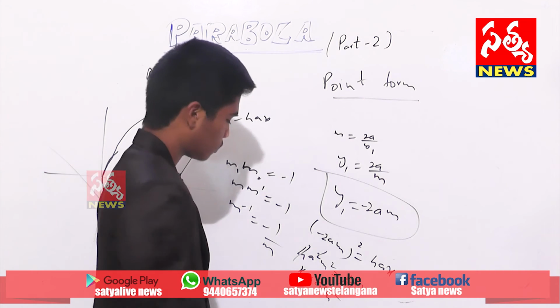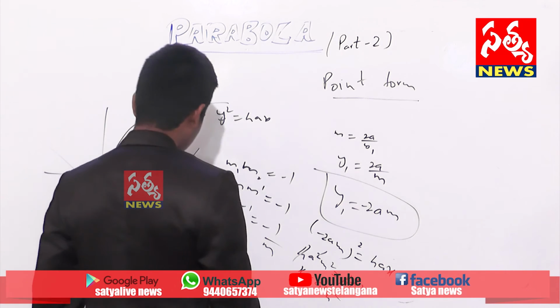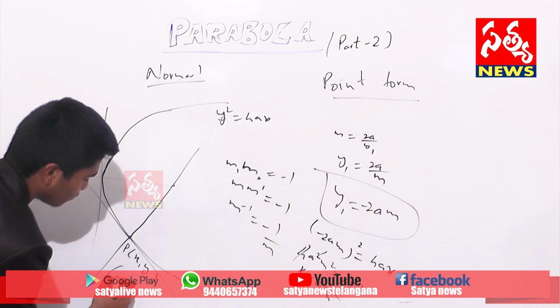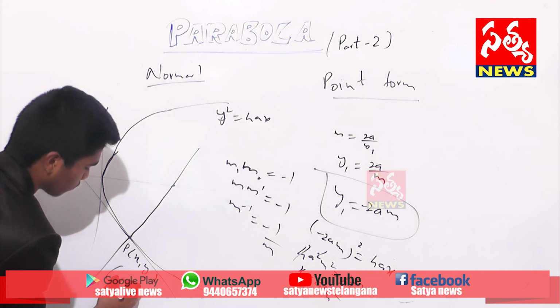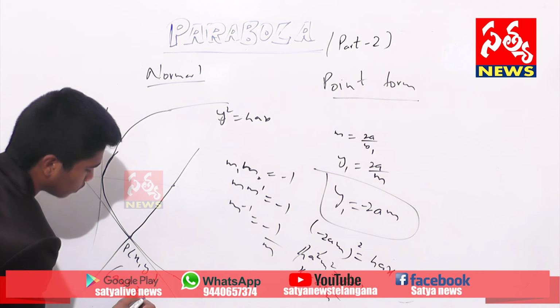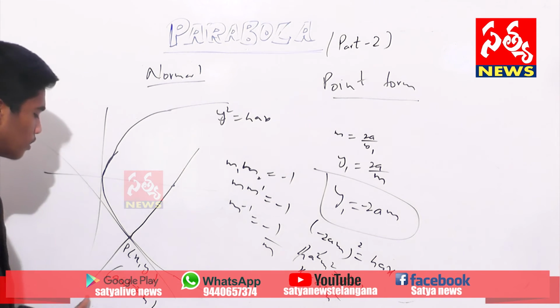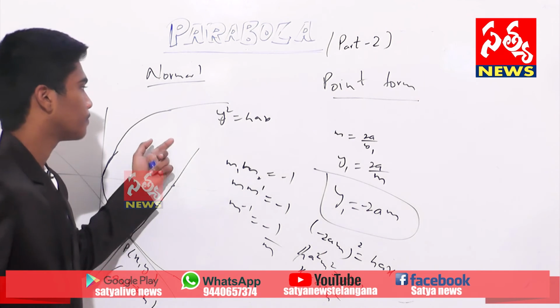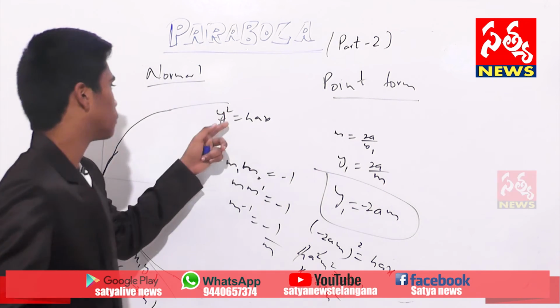This is the value of x1. Now, the point will become am square comma minus 2am. This is the point on the parabola.